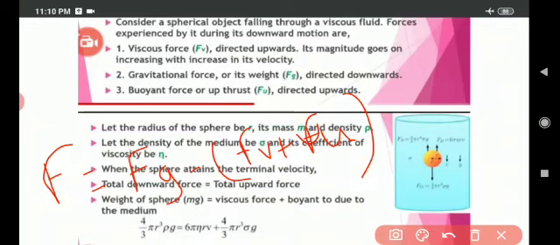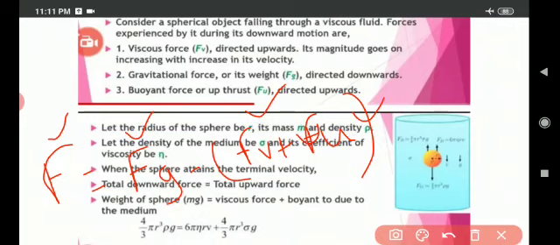Out of these three forces, Fg and Fu are constant forces. The only changing force is the viscous force. Viscous force is not constant; it increases with increasing velocity. But a stage is reached at which the net force F becomes zero.